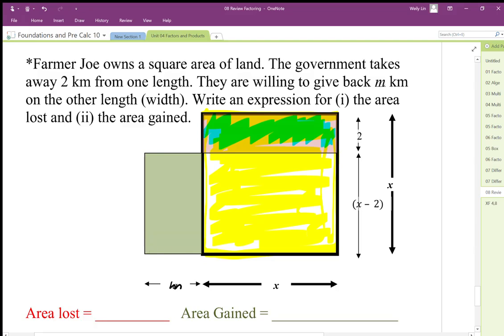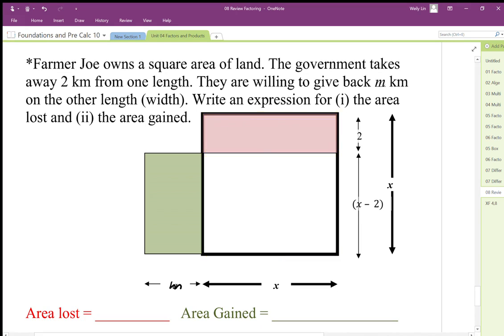So we want to write an expression for the area lost and the area gained. So I'm going to just highlight this here. The area lost, this is the area that he lost right in there. That area in here, what is the length and width of that area?